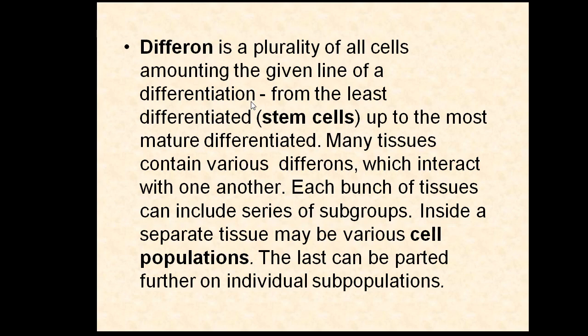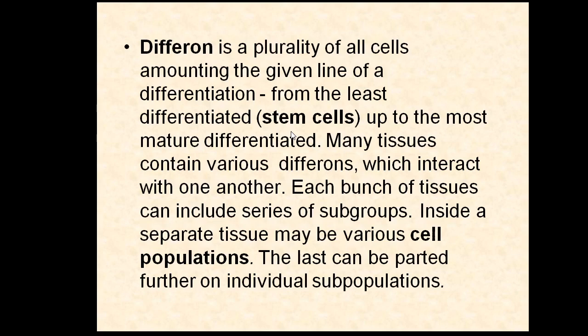From least differentiated, they get the international name stem cell, up to the most mature differentiated cells. In simple words, the stem cells are young cells which can quickly divide mitotically, which have the potential to differentiate into different types of cells in special conditions.